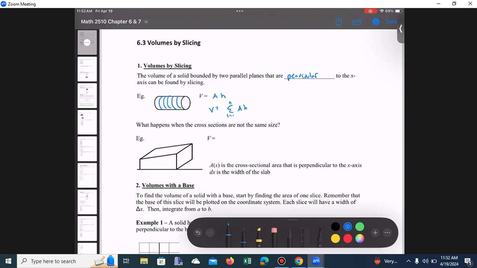Right, but most of the time your slices aren't going to be exactly the same, and they're going to change as we go across the solid. For instance, the solid is broken up into rectangular slices, but they increase in size as you go from left to right.